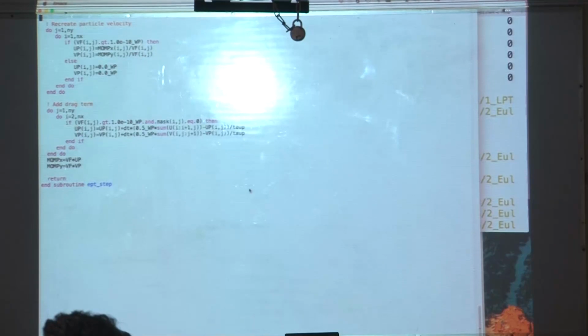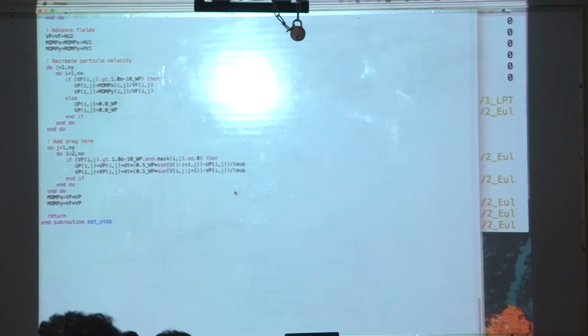Okay, so any questions on this? Yeah. So in this case, we are basically not dealing with particles exactly like in Lagrangian tracking, and in place of that, we are taking the volume fraction. Yeah. So we're working here with zeroth and first order moments of this number density function.